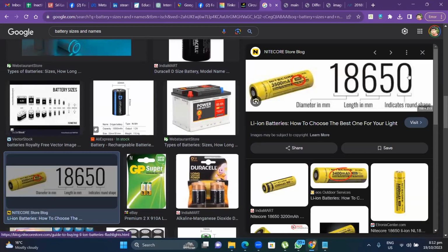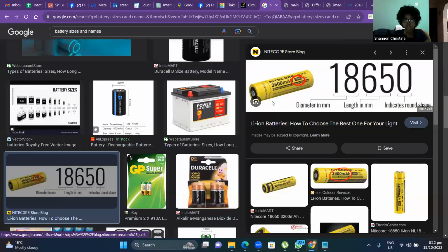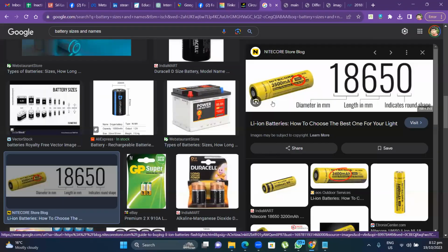18650. This 18 is basically the yes. If we are using the batteries for other purposes, what is the battery we are using for a normal circuit? It depends on the requirement. You can use different batteries, like even a coin cell battery you can use for a small circuit.